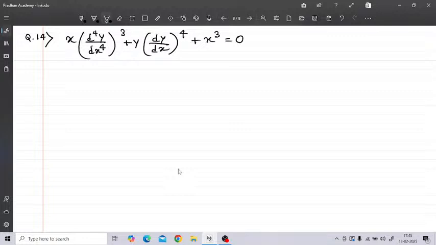Then it is asked what is the degree of this differential equation. You can clearly see that the order of this differential equation is 4 and the degree is the power of the highest order derivative, that is 3.